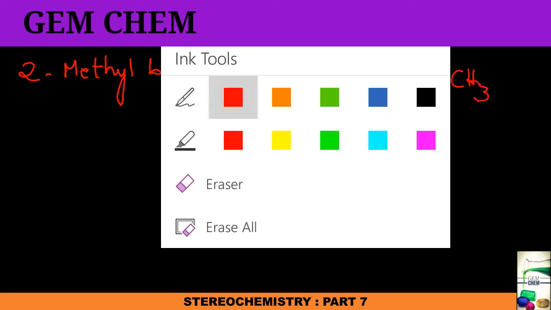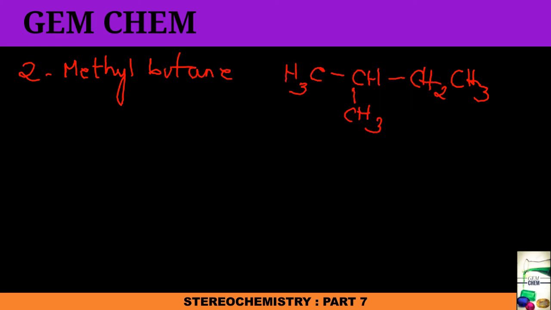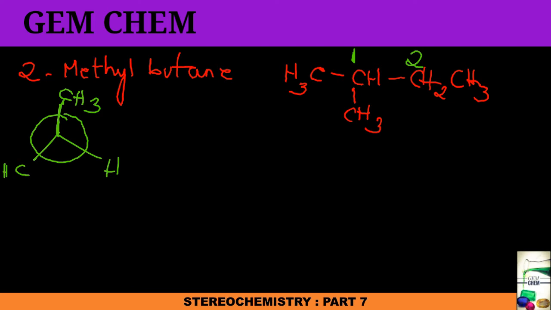Now if we try to start drawing, then we will take this carbon, that is second carbon, as 1 and this as 2. So this is the carbon, here is a CH3, here is a hydrogen, here is a CH3. And in the back carbon we have a CH3, a hydrogen and another hydrogen, right?